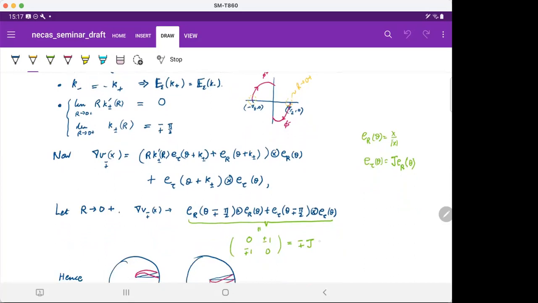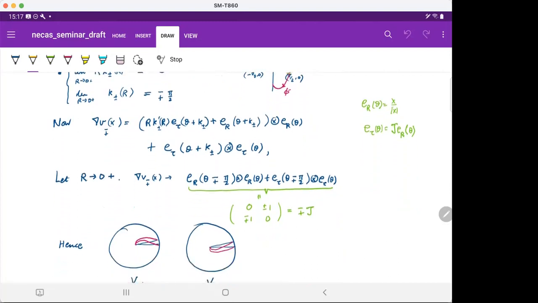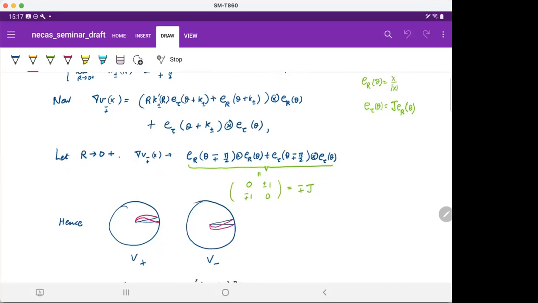It's either minus J or plus J, where J is the rotation by pi by 2 anti-clockwise. So according to which map you're studying, you either get a rotation 90 degrees anti-clockwise, which is what's shown here on this left-hand picture, v plus anti-clockwise, or you get rotation in the other direction. So that's why you get different buckling behaviors. It's exactly because of the alpha limit properties of these heteroclinics.